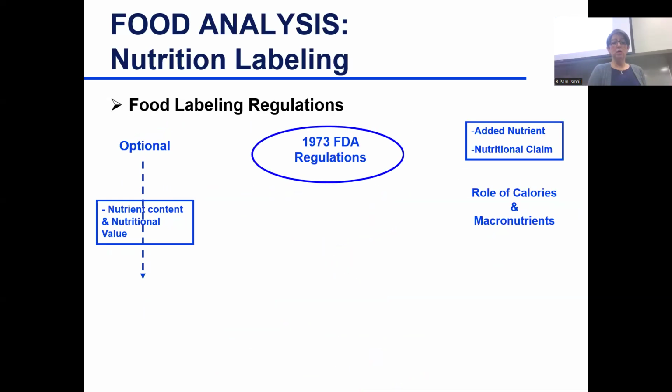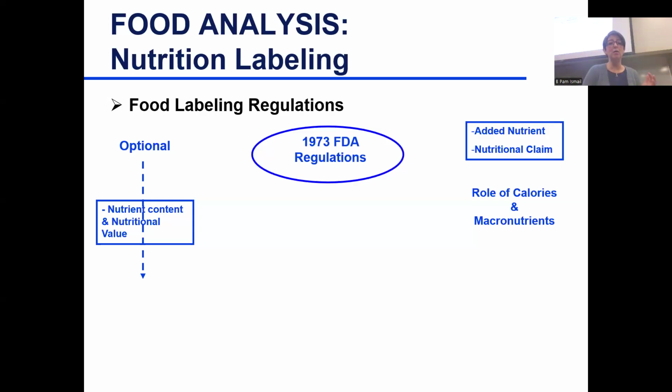So this is what I said earlier: if you added a nutrient that wasn't there, or if you're making a claim, then you will have to put a nutrition label. At the time, the consumer was more focused on macronutrients and calories, not really on micronutrients.